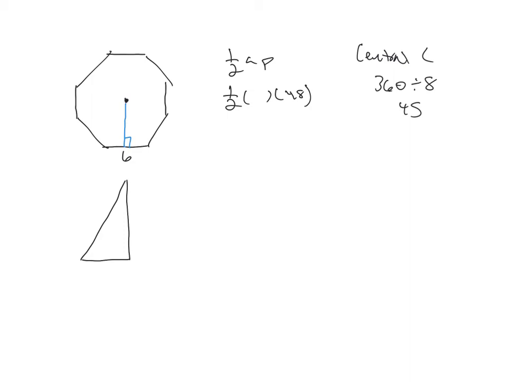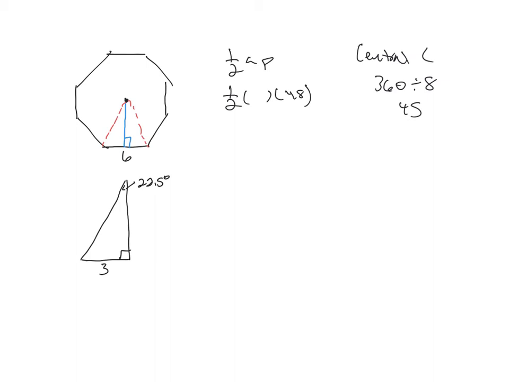I'm going to pull it out of the picture to draw it a little bit bigger. And here's one nice thing: this side is 6. It's always kind of bisected at the bottom. Okay, and so this 45 for the central angle, that's the red part, but I only want half of it. So half of 45 is 22.5 degrees.